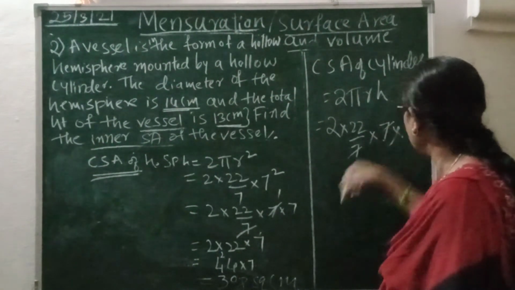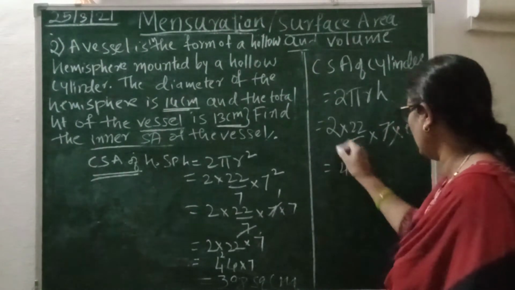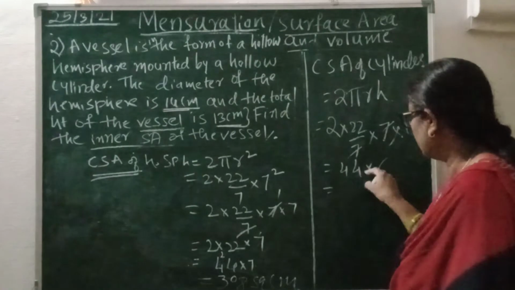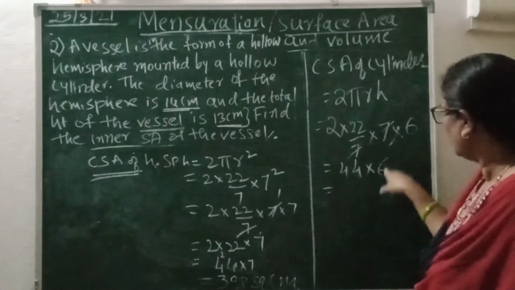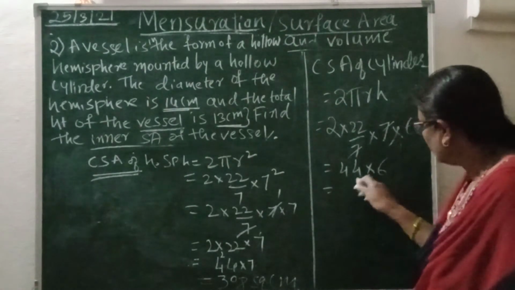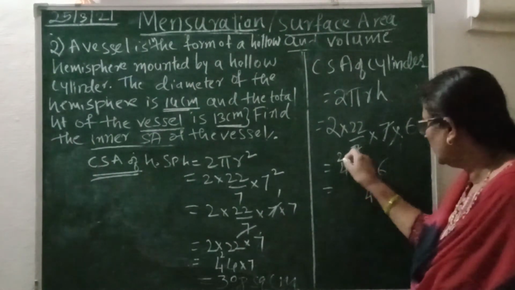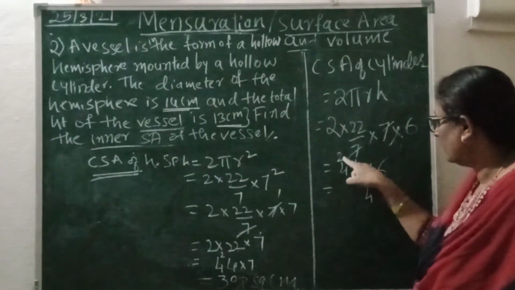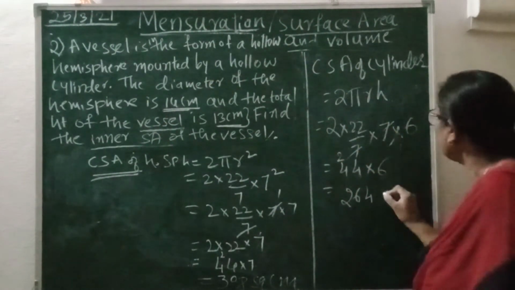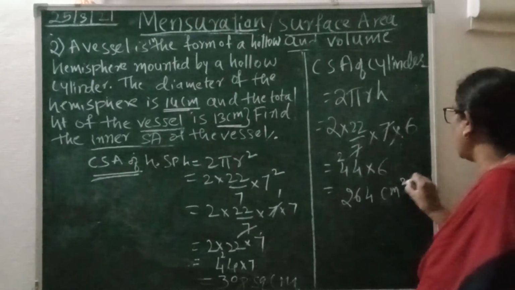So 7 and 7 cancel, yes, 22 twos are 44, into 6. I'm doing everything here only, not necessarily separately. Practice, it will help you. 6 fours are 24, carry 2, 6 fours are 24, 25, 26, so 264, once again the surface area. You are getting cm square.